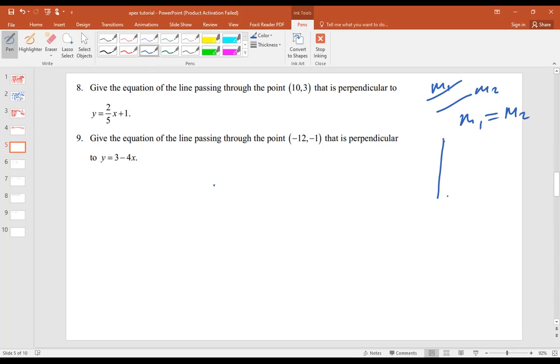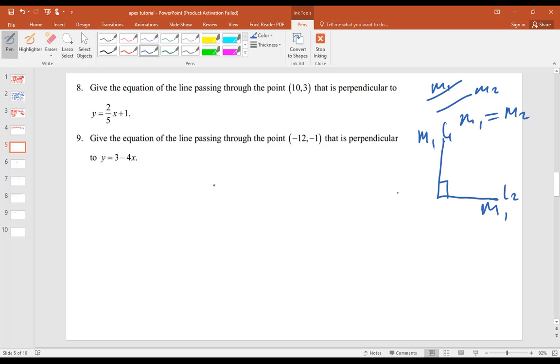You have two lines which will be in this format. We have the first one, which is like this, and the second one is like this. So we have M1 and M2, line 1 and line 2. Line 1 and line 2 meet at 90 degrees.